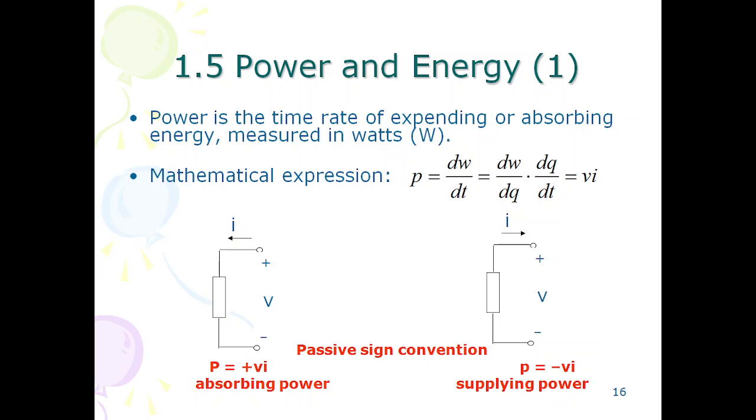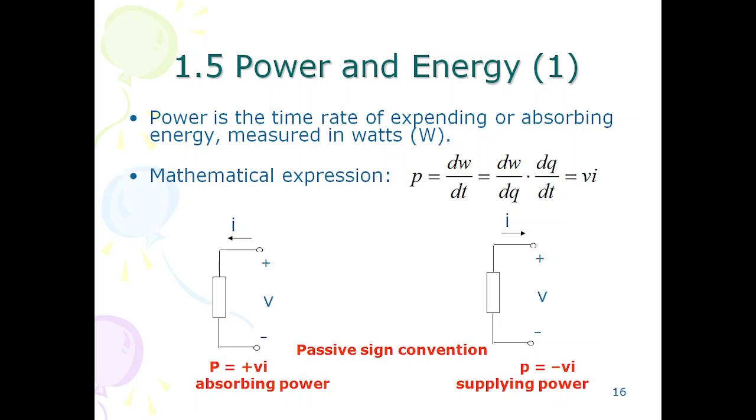If we apply the chain rule, meaning multiplying and dividing by dq, then dW over dq, which we have recently studied, is equal to voltage, and dq over dt is equal to current. So P is equal to V into I.